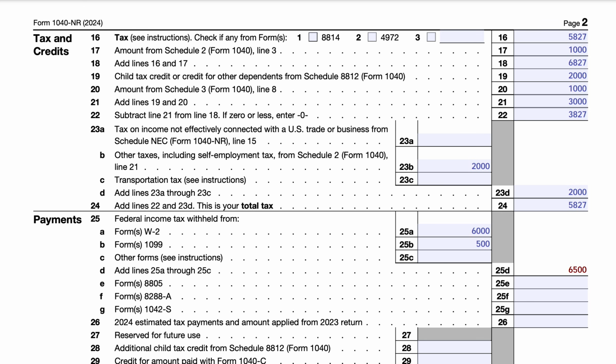Each of these is broken out on Form 1040-NR. IRS Form 8805 is tax withheld by a partnership. IRS Form 8288 has to do with dispositions of real estate in the United States.